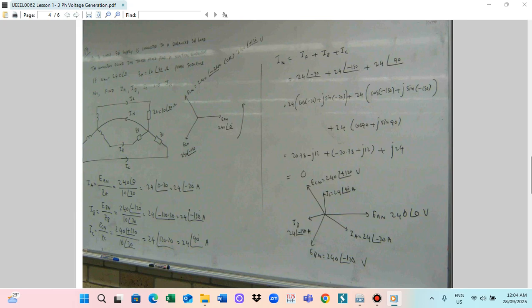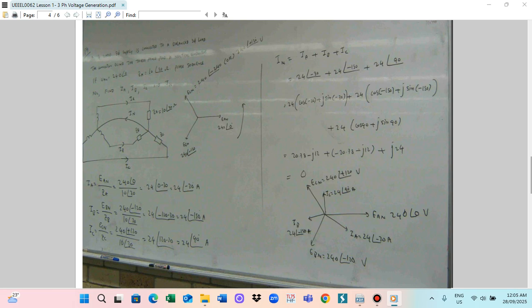Okay, this one. VAN is 240 angle 0 degree, VBN is 240 angle minus 120. So you have to find the VAB. In this case, we have to use the equation. The equation means that VAB is VAN minus VBN.